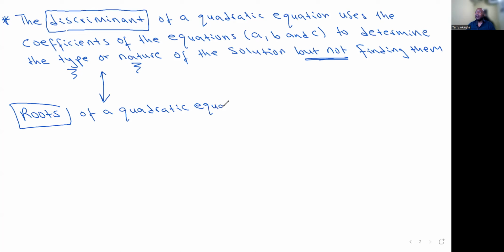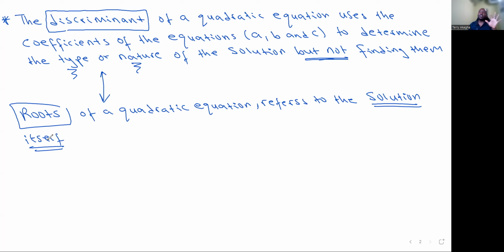These methods are to find the solution itself, okay? So the root refers to the solution itself. Is that okay? So this is different. The solution of a quadratic equation is called the root. Okay? So you need to keep that in mind.